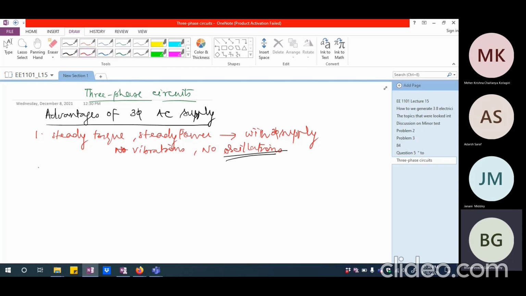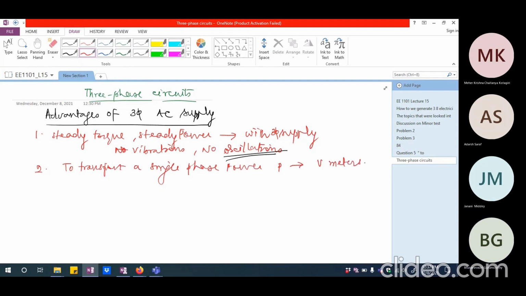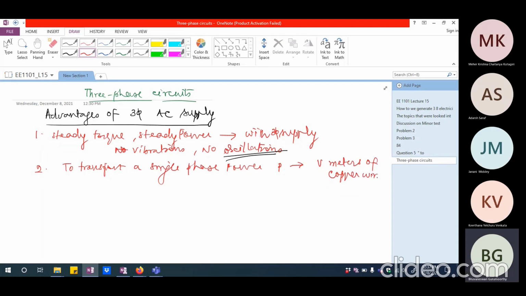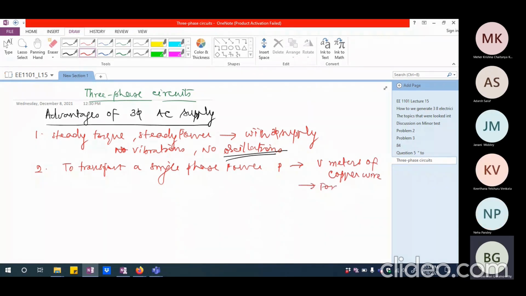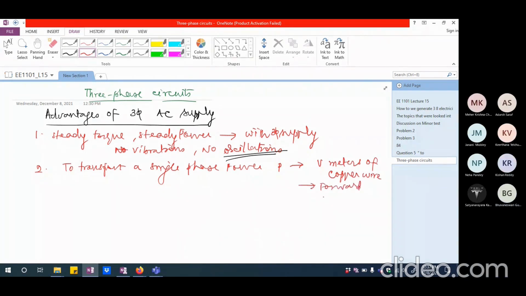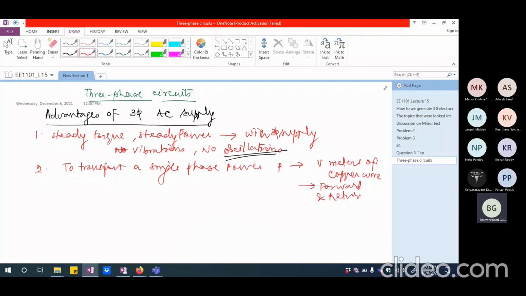The second thing we said was to transport a single phase power of P, if I need, let us say, V meters of copper wire. So this is actually forward and return conductor together. We should be able to do this with, let us say, V meters of wire.